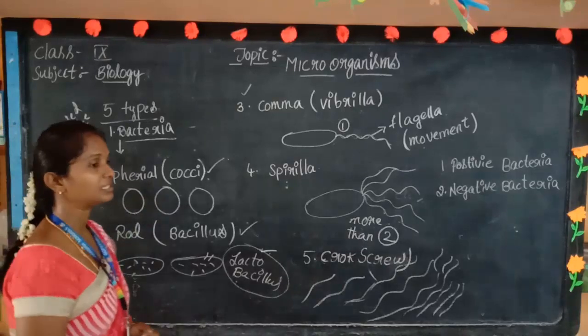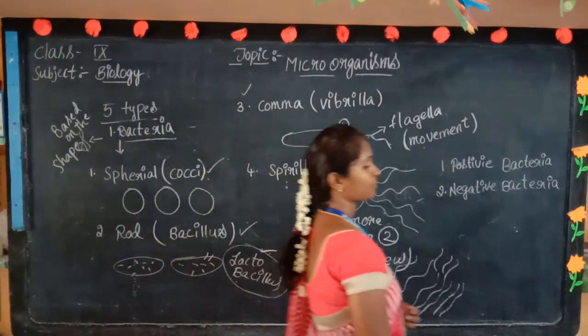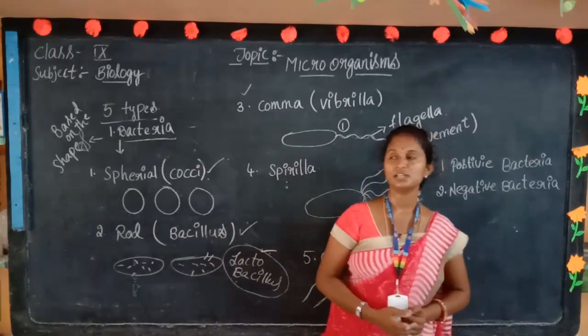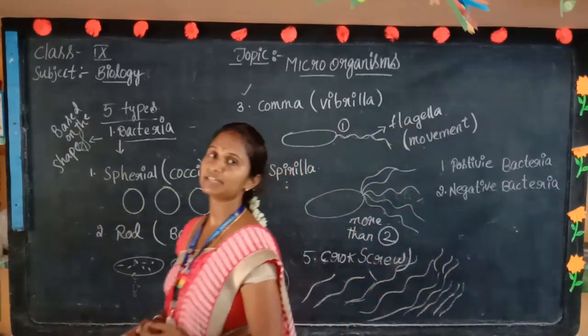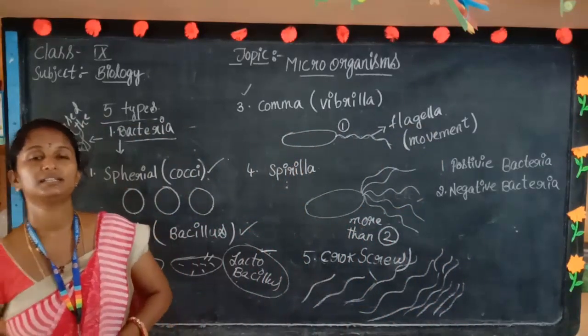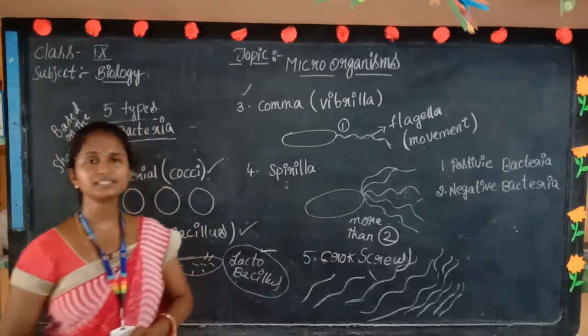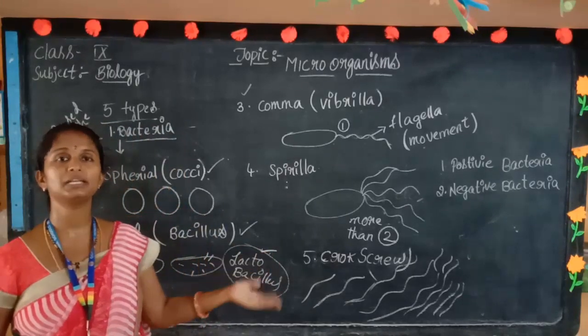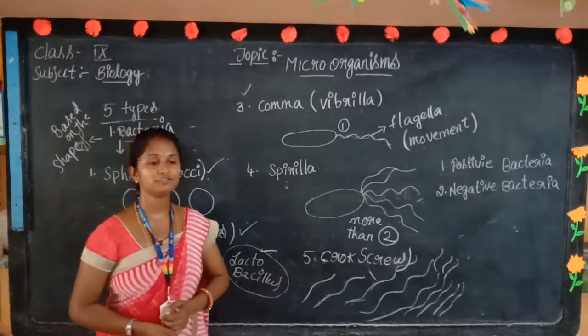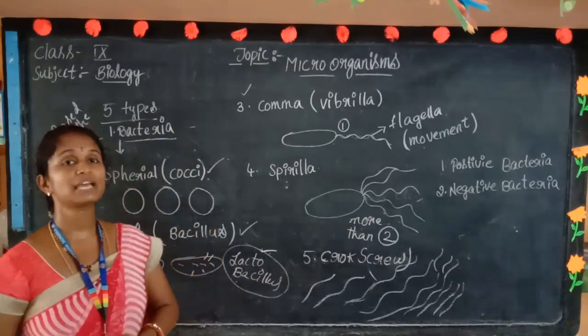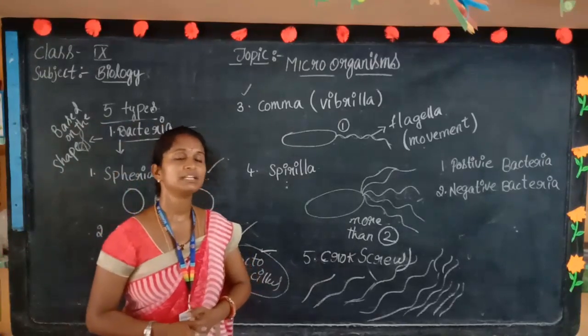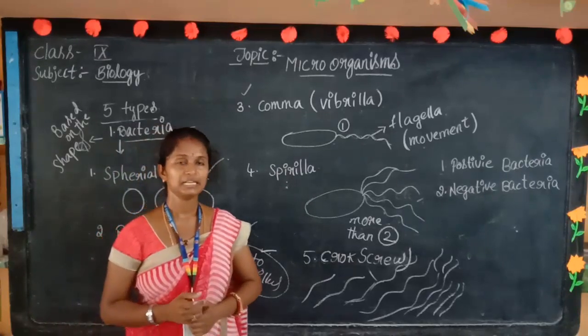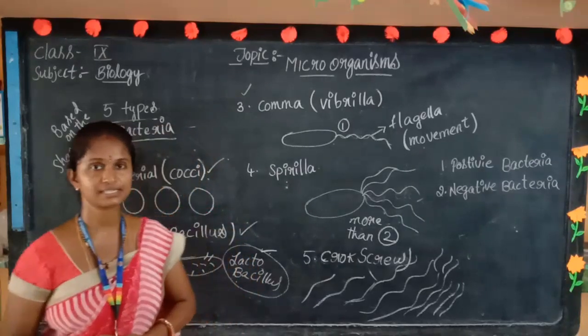And these bacteria are also helpful for the fermentation process, for the preparation of dosa batter, idli batter, and cake, etc. And next, turning milk into curd is also helped by them. And these bacteria can act as an enemy also, when they cause bacterial infection and diseases.